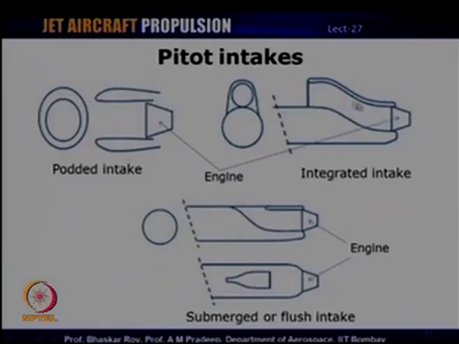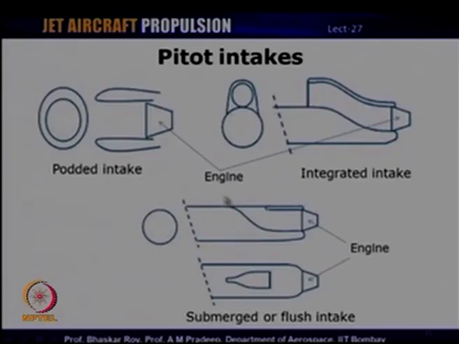So, integrated intakes would normally require a duct, and so there are associated problems, like I mentioned. This is a typical S-shaped duct, and there could be issues with flow separation and flow non-uniformity at the engine face because of their very geometry.